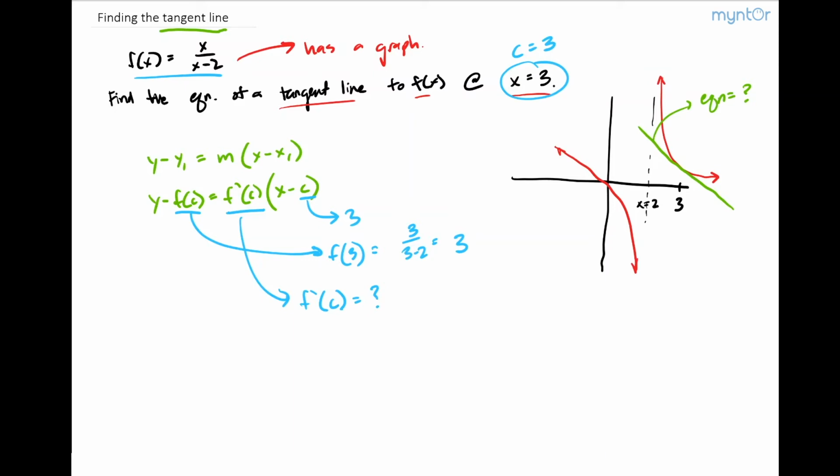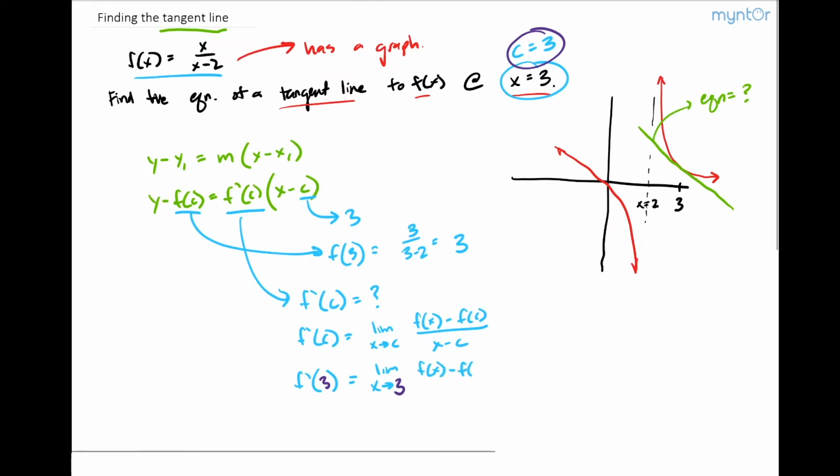Well, we know from our definition that f prime of c is going to be equal to the limit as x approaches c of f of x minus f of c over x minus c. Plugging in the fact that c is equal to 3, we can say that f prime of 3 is going to be equal to the limit as x approaches 3 of f of x minus f of 3 over x minus 3.